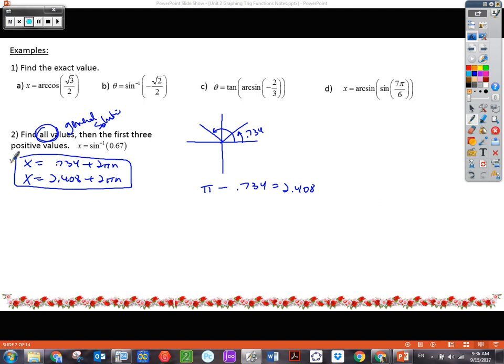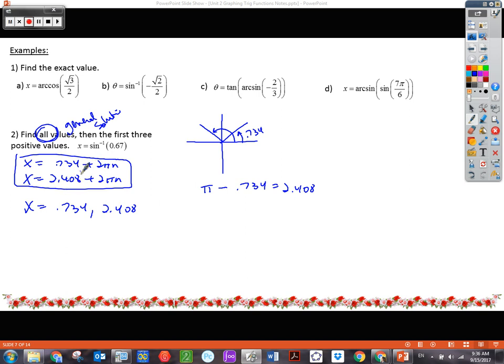Now it's asking for the first three positive values. Well, I already found the first two positive values, right? So x equals 0.734 and 2.408. So now I have to think, well, how am I going to get another positive value? Well, I just need to go back to my general solution, right? I need to add 2 pi to something.